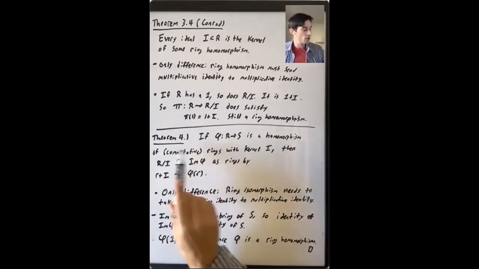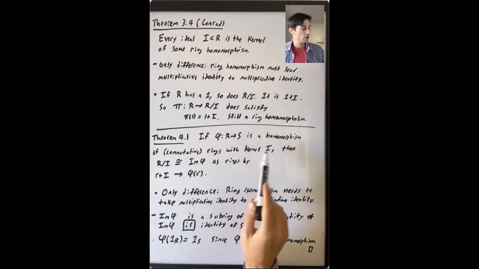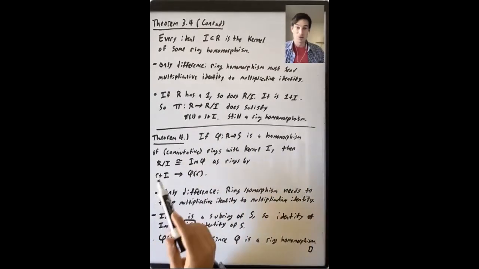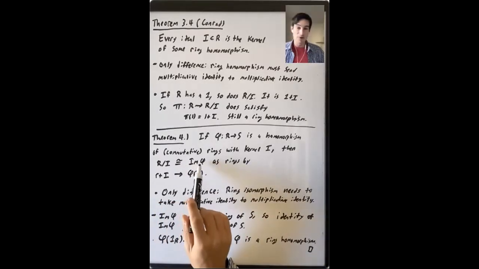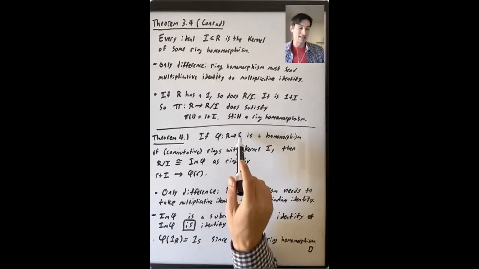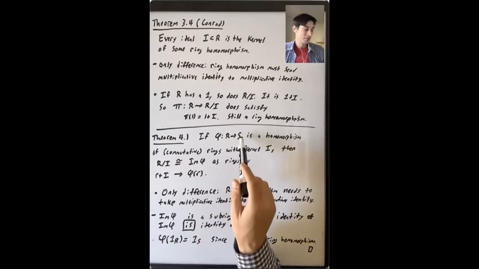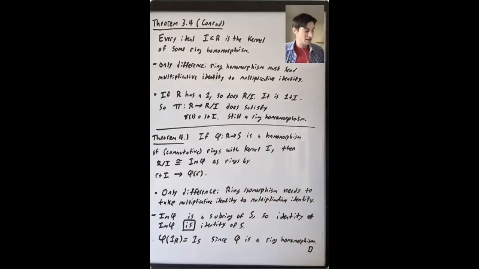So if you have a homomorphism of rings with kernel I, then R mod I is a ring because the kernel is an ideal, and it's isomorphic as a ring to the image of phi, which is a subring of S. This is something we proved last time, that even with this additional requirement that a subring has to contain the multiplicative identity of S, this is still a subring.